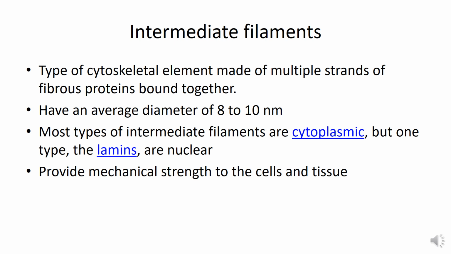Most types of intermediate filaments are cytoplasmic, but one type, the lamins, are nuclear. When I told you about the nucleus, I also told you about the internal lamin fibers present beneath the nuclear membrane, which support the nuclear shape and provide mechanical strength to the cells and tissues.